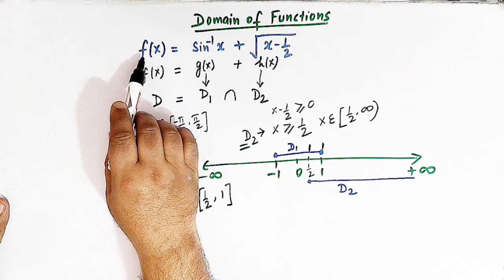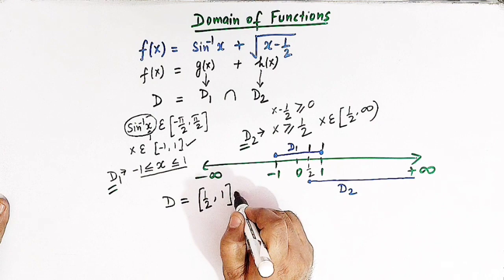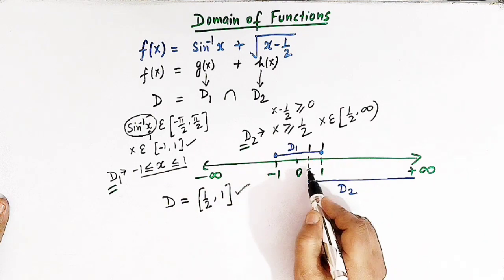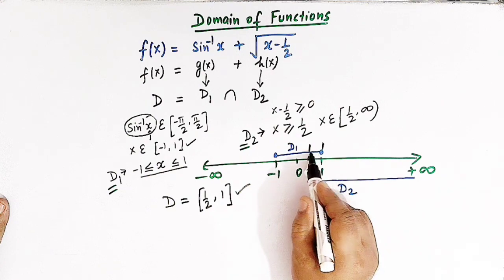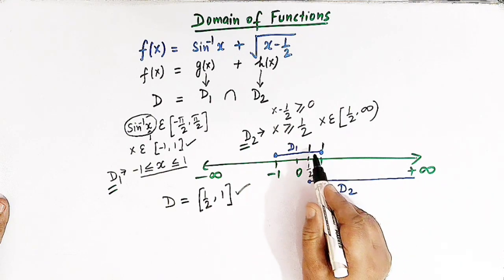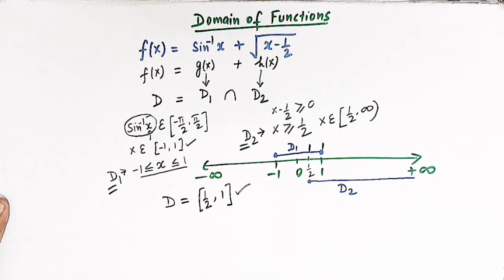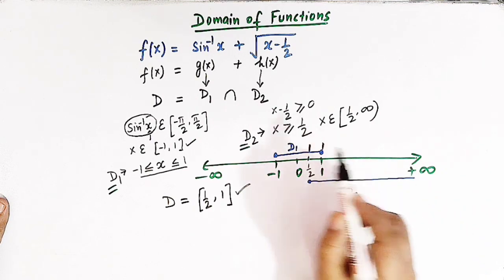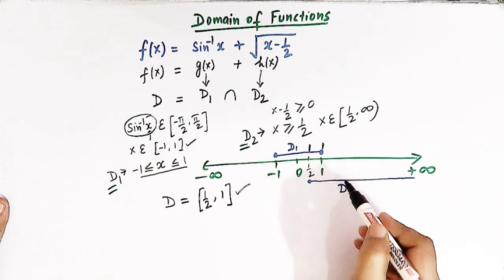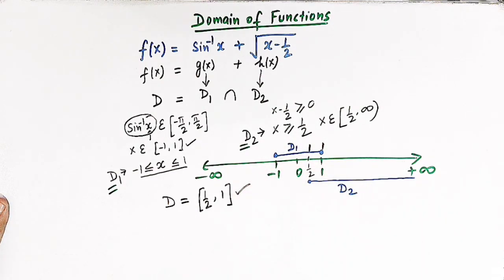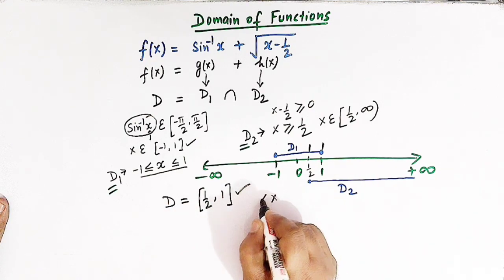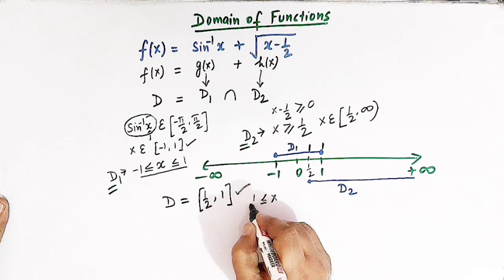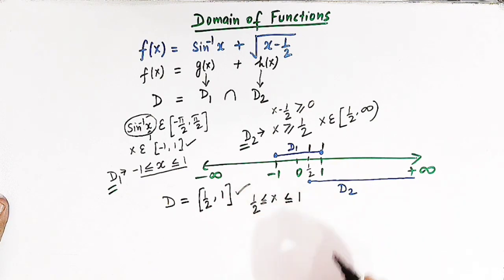The domain of this function f of x is the interval from half to 1, because this region is the only one common to both D1 and D2. The part from 1 to infinity is not included in D1, and similarly we can explain the other regions. So our required domain can also be written like this: x is greater than or equal to half, but less than or equal to 1.